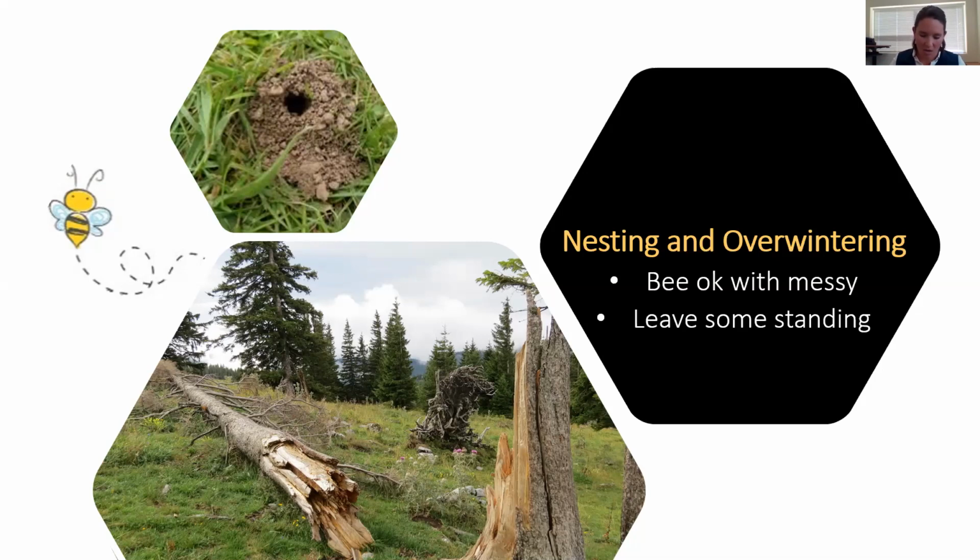Okay. I also want to touch on really quickly here that you can also support pollinators by providing artificial nesting locations. Many of you will have seen those bee boxes, or they're called bee motels or bee condos. And those can be really beneficial for our pollinators. But I do have a couple words of caution.